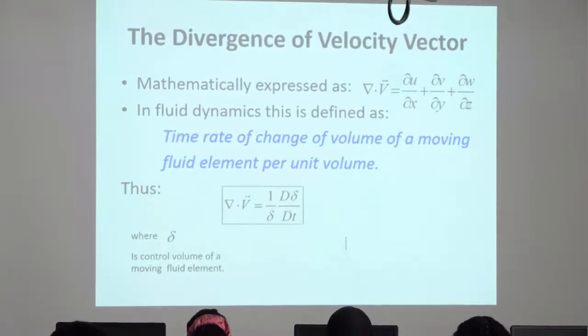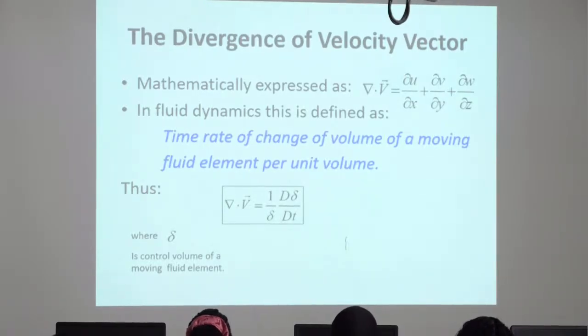Okay, and here, this is just showing that del dot v gives you, since v is your vector, the partials of the three terms of the velocity vector in rectangular coordinates. Now, in fluid dynamics, this is defined as the time rate of change of volume of a moving fluid element per unit volume.